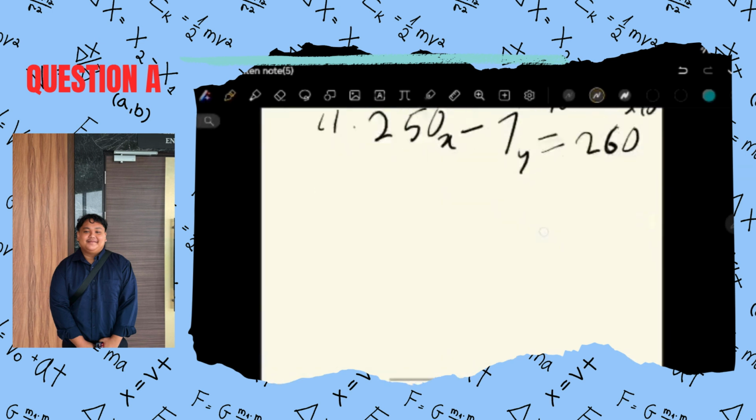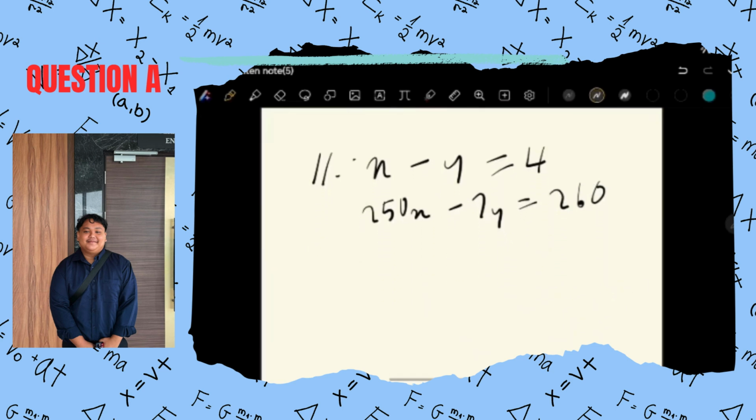The second question is to calculate the values of x and y using the Cramer's rule method. To do this, we must use the linear equations that we found in the first question. The equations that we found are x minus y equals 4 and 25x minus 7y equals 260.